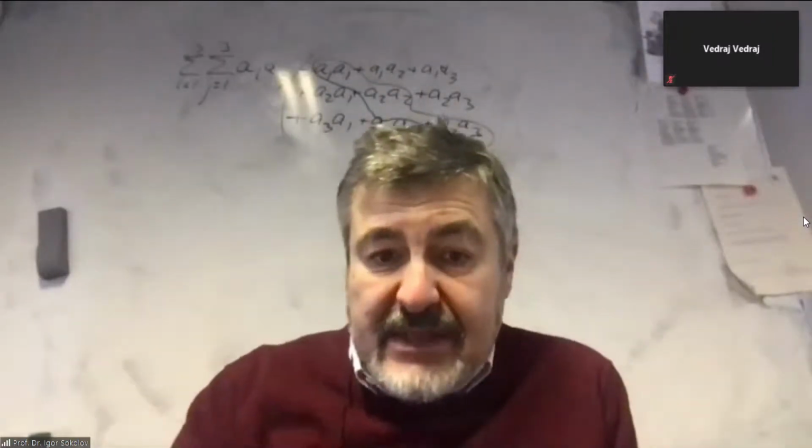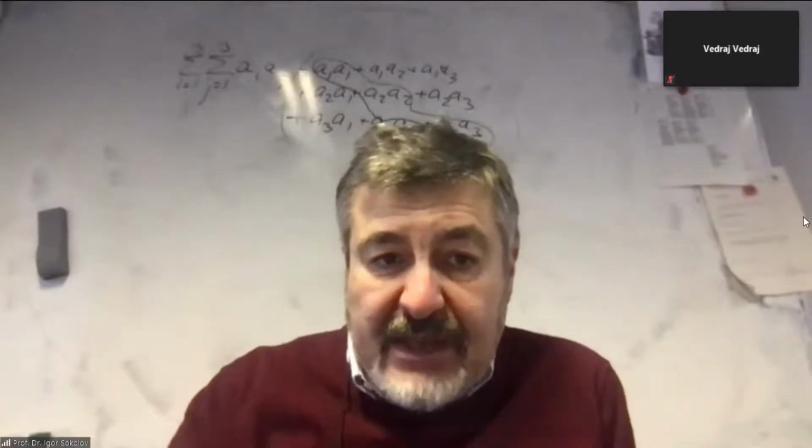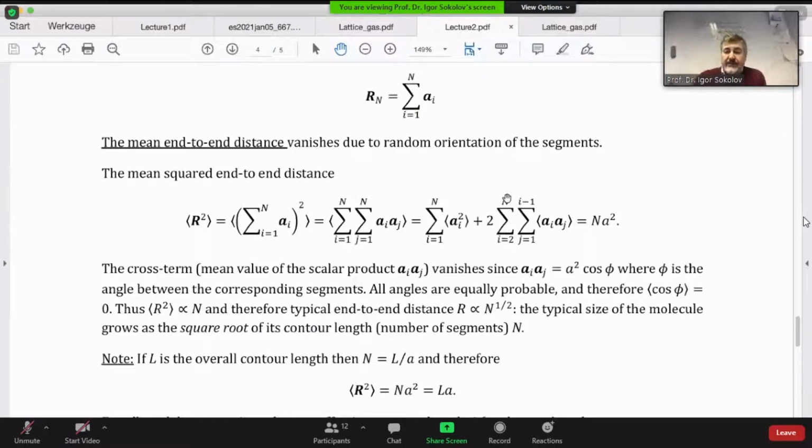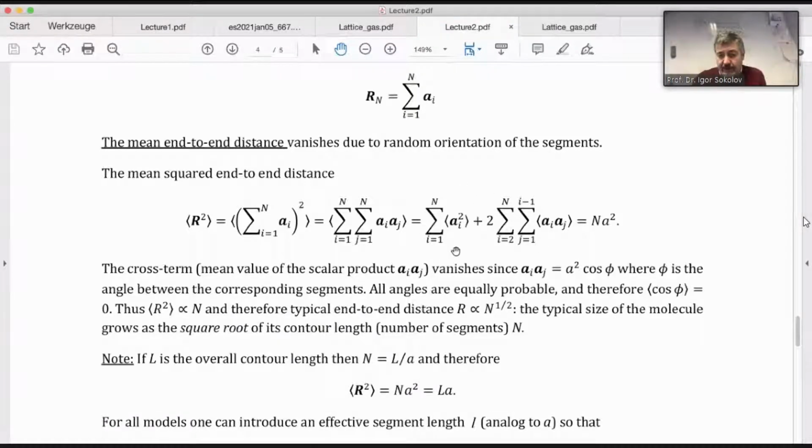This only explains the terminology, but then I separate the diagonal and the non-diagonal contributions. The non-diagonal I can sum up over only the upper or lower part of the table because of this property of the product that AI, AJ is the same as AJ, AI.